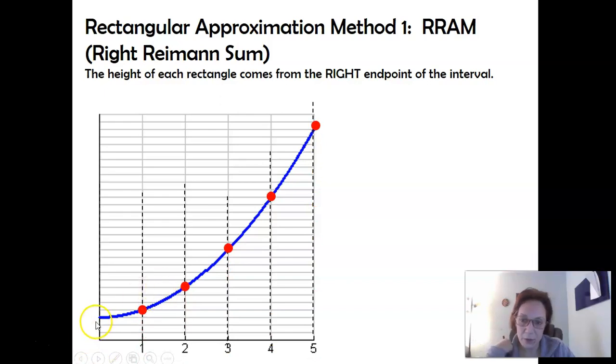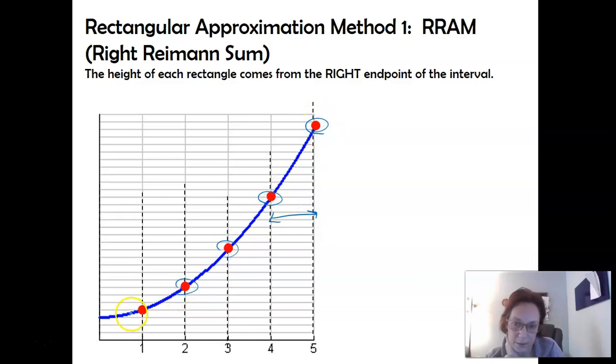Okay, so notice here on the interval from 0 to 1, 1 is the value I'm going to use, the y value at 1. On the interval from 1 to 2, I'm going to line it up at 2. From 2 to 3, I'm going to line it up at 3. So notice on each of these intervals, so from 4 to 5, I'm lining up on the right, on the right, on the right.